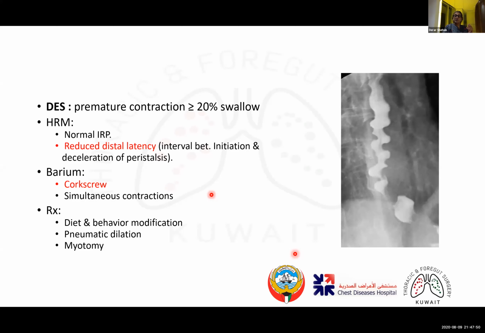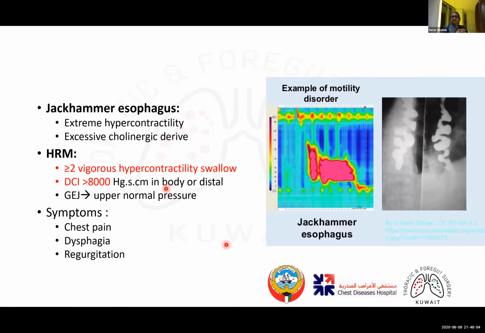Here, the myotomy, of course, is not going to be short. It's going to be a long myotomy, maybe from the stomach up to, or from the hiatus up to the aortic arch. The other disease is jackhammer esophagus, in which the contractions are vigorous.